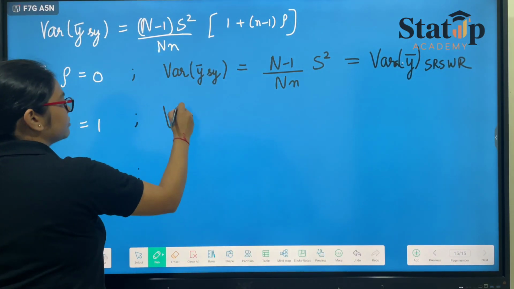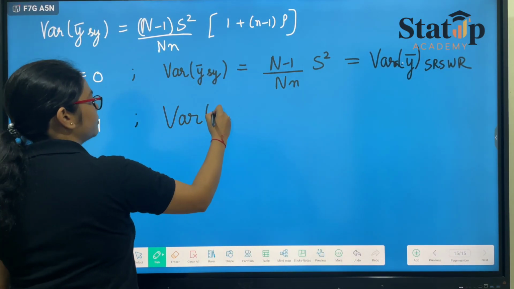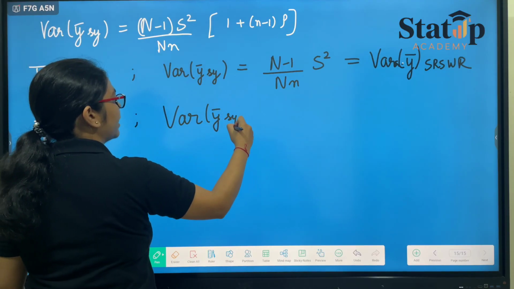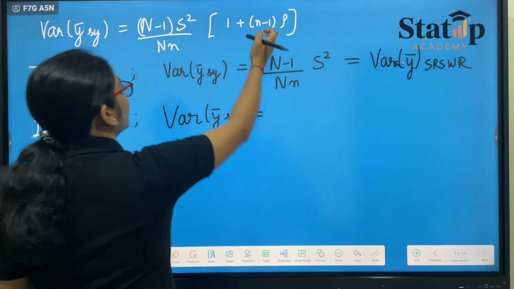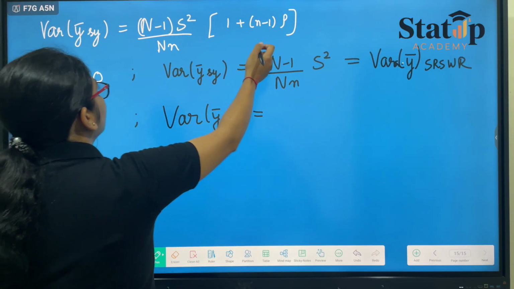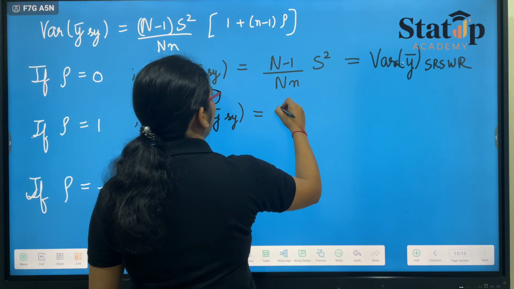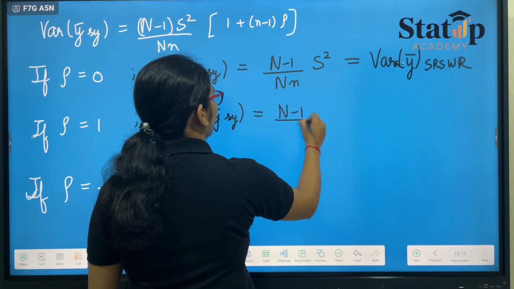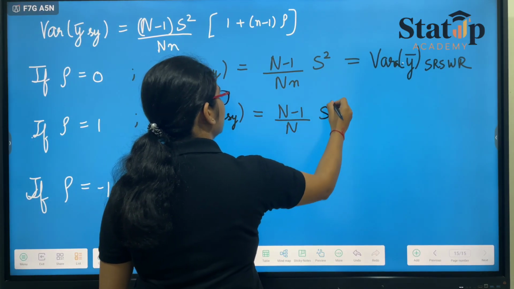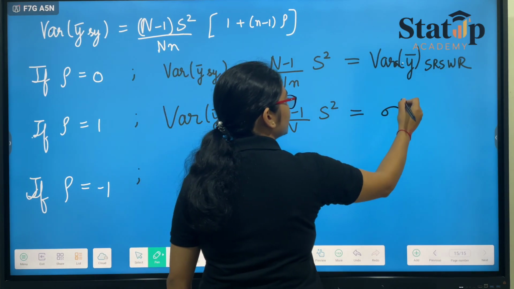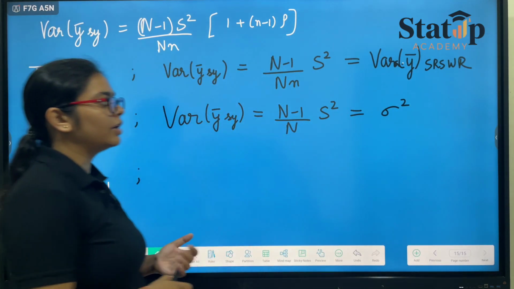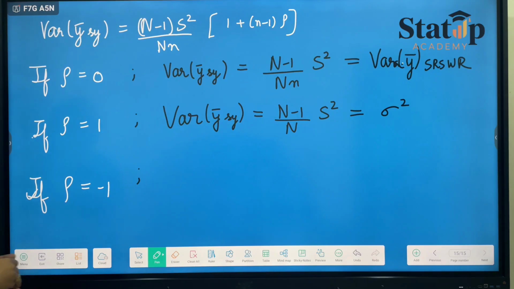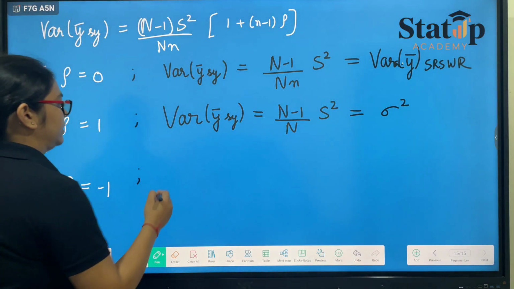right? And if rho is equal to 1, variance of y bar systematic, then it would be (N minus 1) upon capital N into S square, which is nothing but sigma square of the population. We have done two formulas for population variance, one is sigma square and one is capital S square. So this one is sigma square.